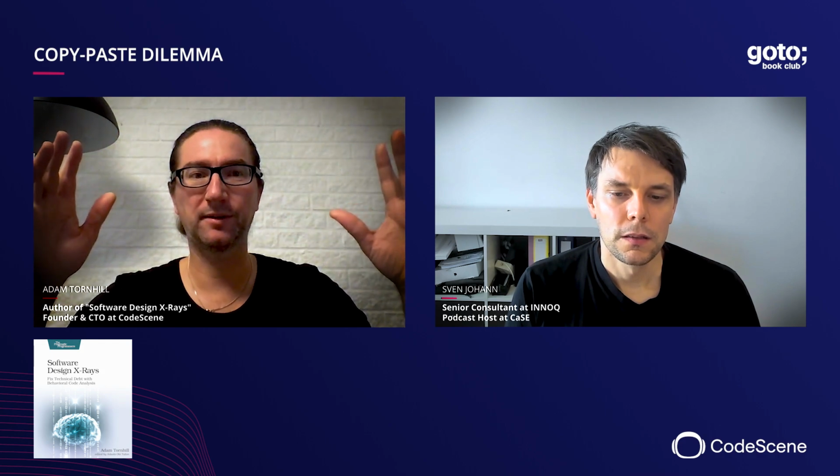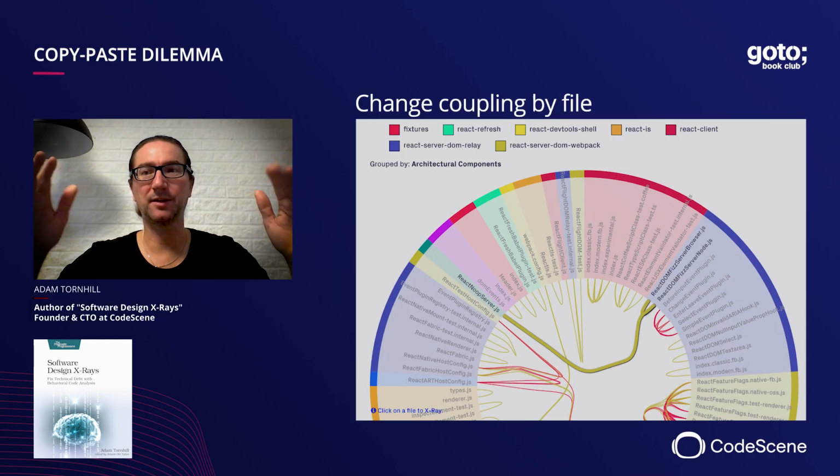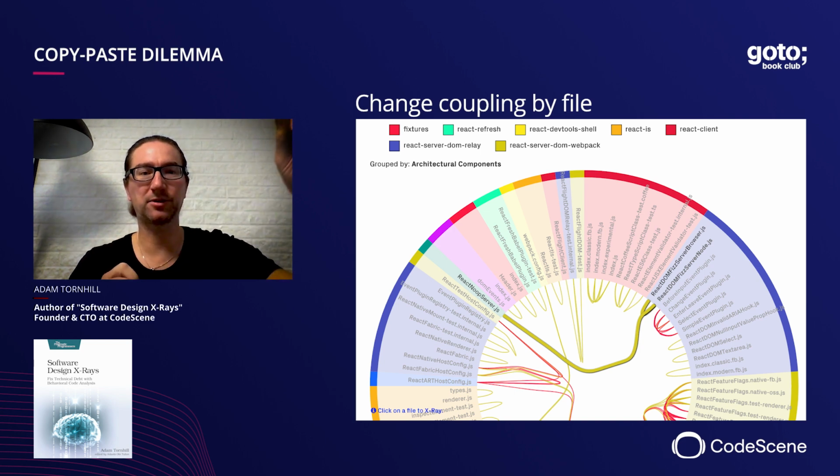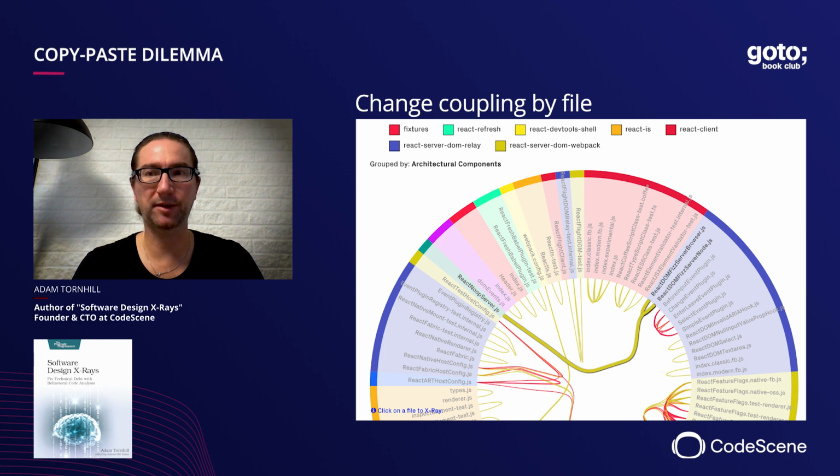I look at the different architectural elements, and they could be different layers, components, or microservices. I'll simply figure out the change coupling between, let's say, the different services. So I typically visualize it: you have all your services like a wheel, and then you see the connections between those edges. That's usually my starting point.